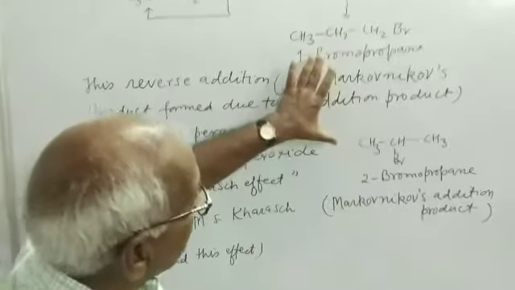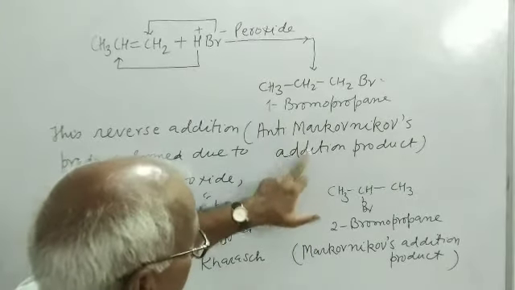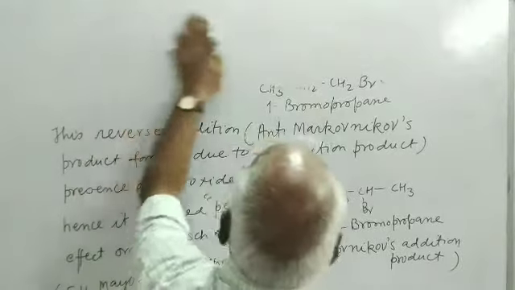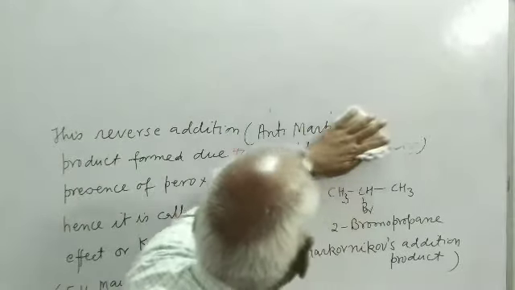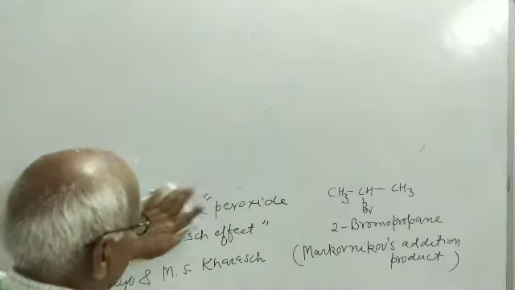Product is different in both cases, Markovnikov addition product and anti-Markovnikov addition product. The product in both of the cases are different, so the mechanism of formation will be certainly different.